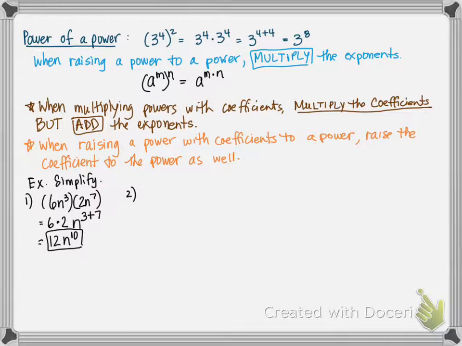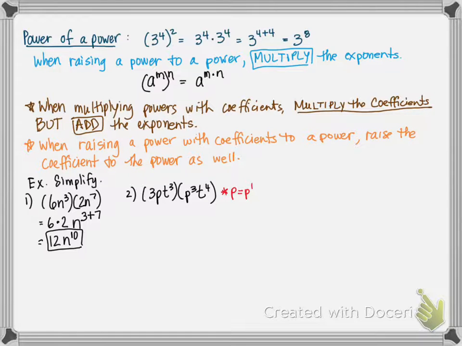Let's have 3pt cubed, and I want to multiply it by p cubed t to the 4th. Okay. Now, I need you to remember this. P is the same thing as p to the first power.